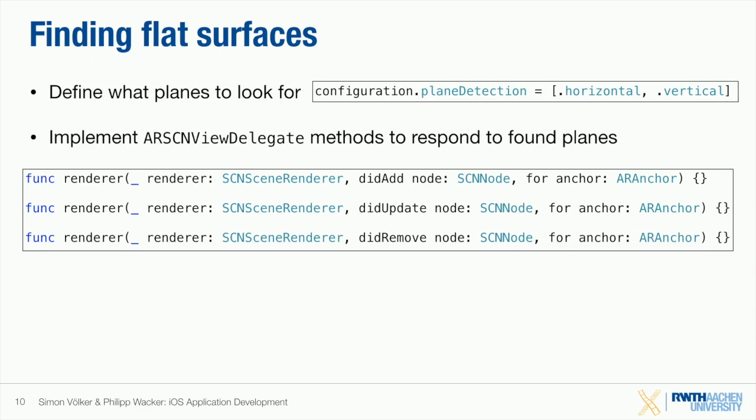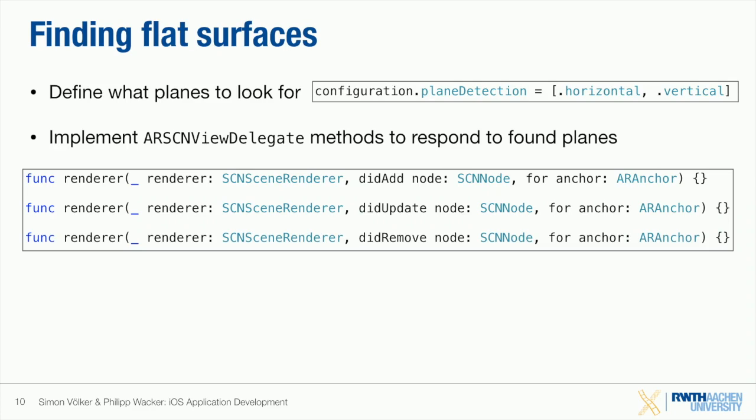If a plane was thrown out, you get that information. Updates can happen, for example, if multiple planes have been detected and ARKit now recognizes that they are bigger than thought, or that they belong to one big plane. Then it will call the didUpdate method so that you can react to that.